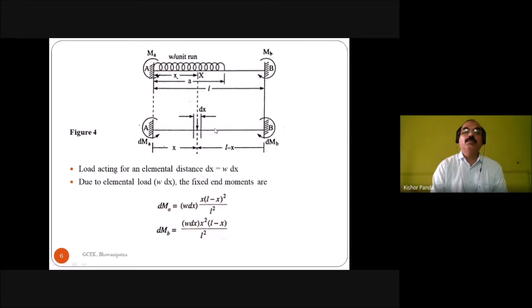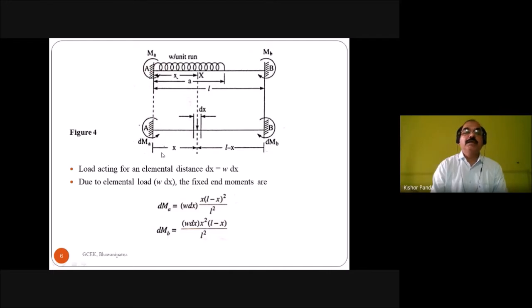This load you have to take as a concentrated load. On this side the distance is x, and on this side the distance is L minus x, and you consider it as a concentrated load W dx. Then you find the moment on this side, dMA, and on the other side, dMB, due to this W dx.